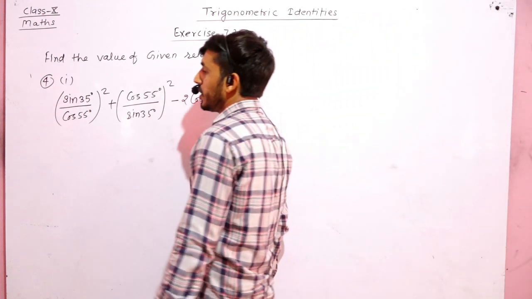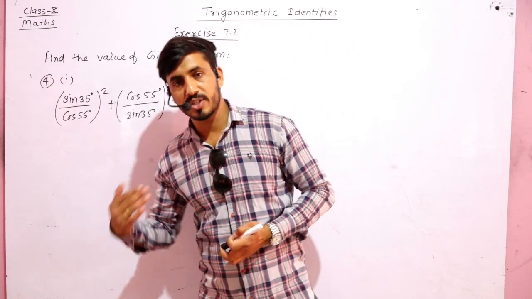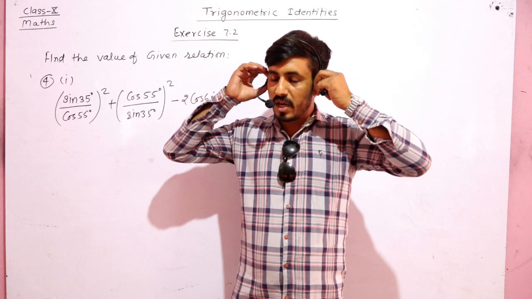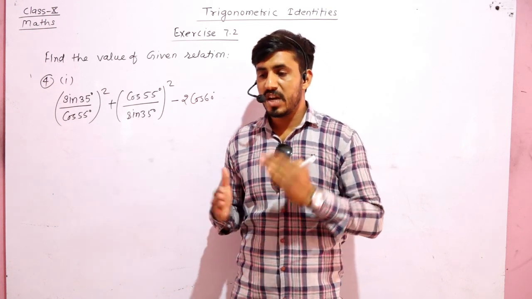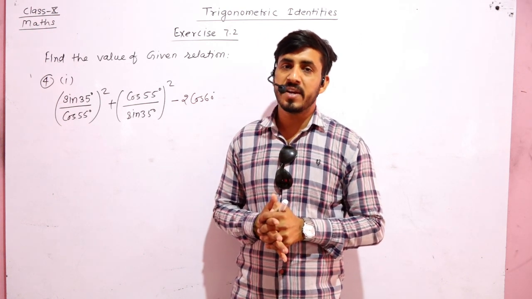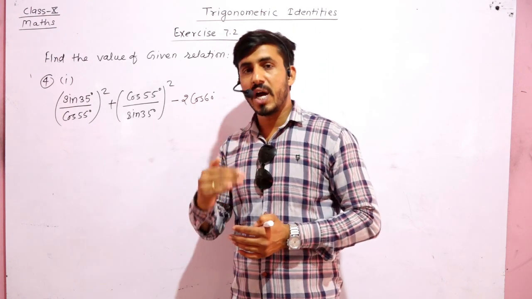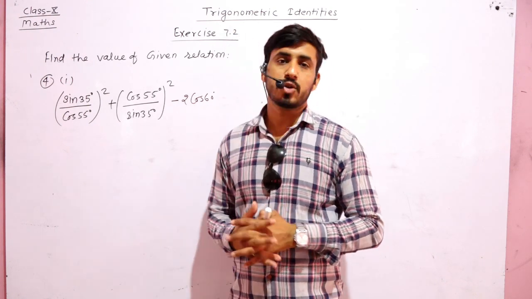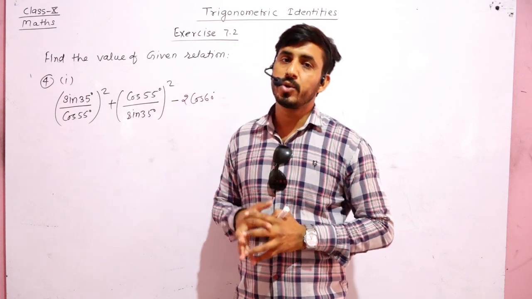Okay, so before discussing this exercise we have learned about complementary angles and relations of helping trigonometric ratios for complementary angles. As we know, we can convert sin theta into cos theta by its complementary angle. Again, we can also change cos theta into sin theta.